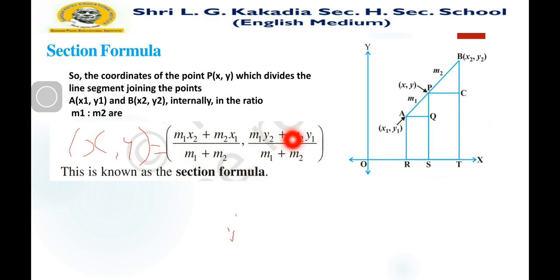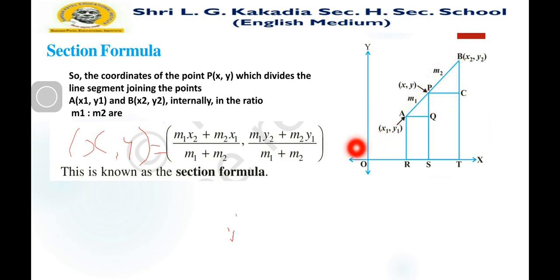By this formula we can find the coordinates of this point, or if the coordinates of the point are given, we can find the ratio in which P divides AB. This is known as the section formula because P divides AB in a section.